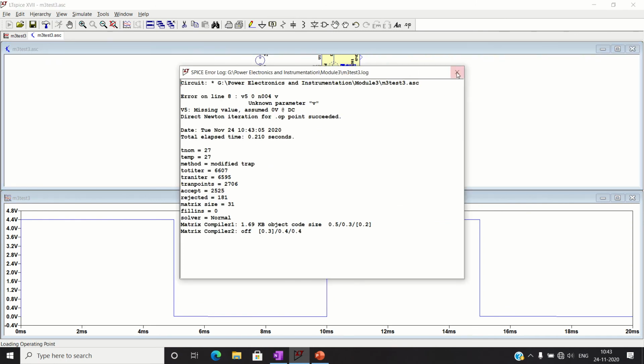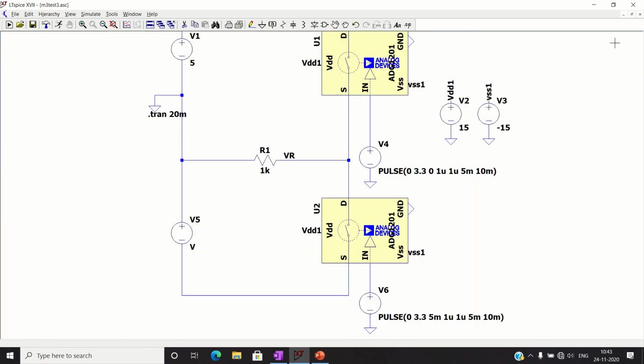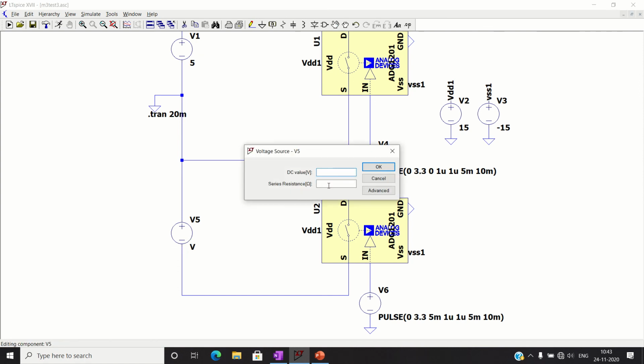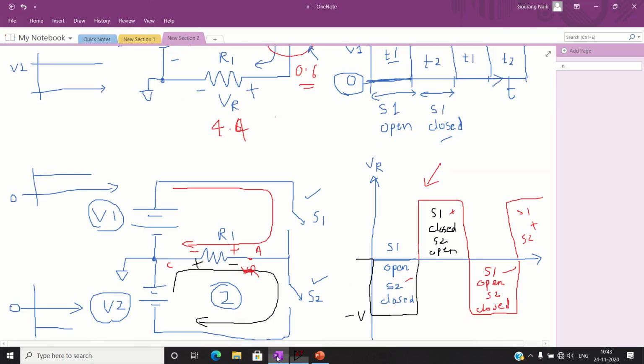There is a value problem. I did not give the voltage source value. If you observe here, there is a voltage source whose value I have not defined, so here I have to write 5 volts. Previously we discussed that voltage sources V1 and V2 should be the same, and S1 and S2 should also be the same, so that you get a symmetric waveform.